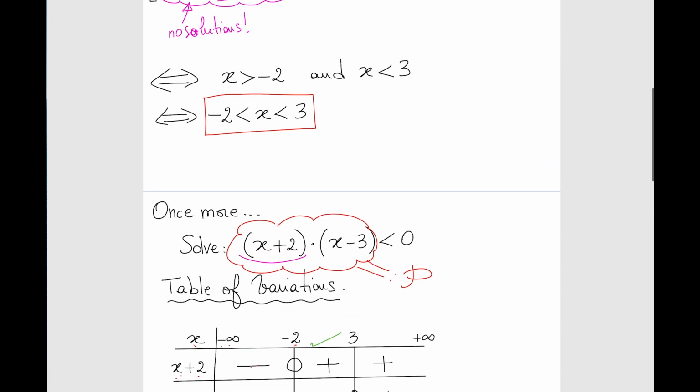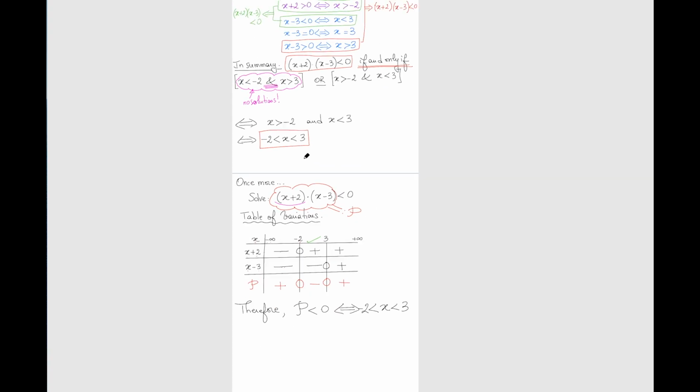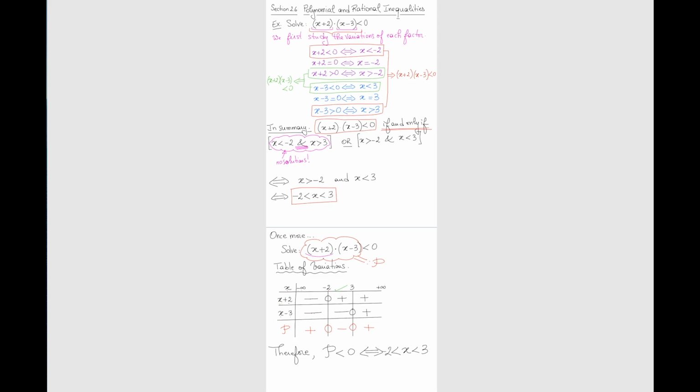I mean, just to be very clear, this is exactly what we found in the previous discussion. But obviously this is much shorter, and you'll appreciate it more once you have more factors. This is a way more compact solution, let's say.